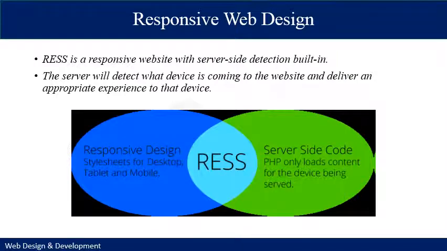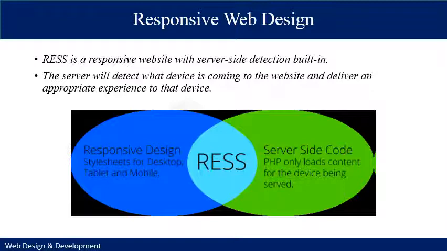So responsive design is often termed as RESS. RESS is a responsive website with server-side detection built in. That means whenever a client or a device makes a request, the server will detect what kind of device the request is coming from, and deliver an appropriate experience to the device.